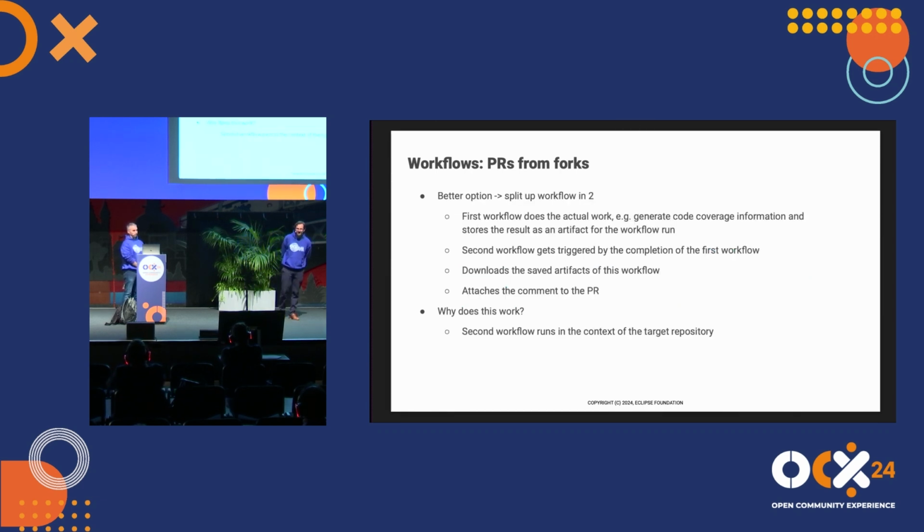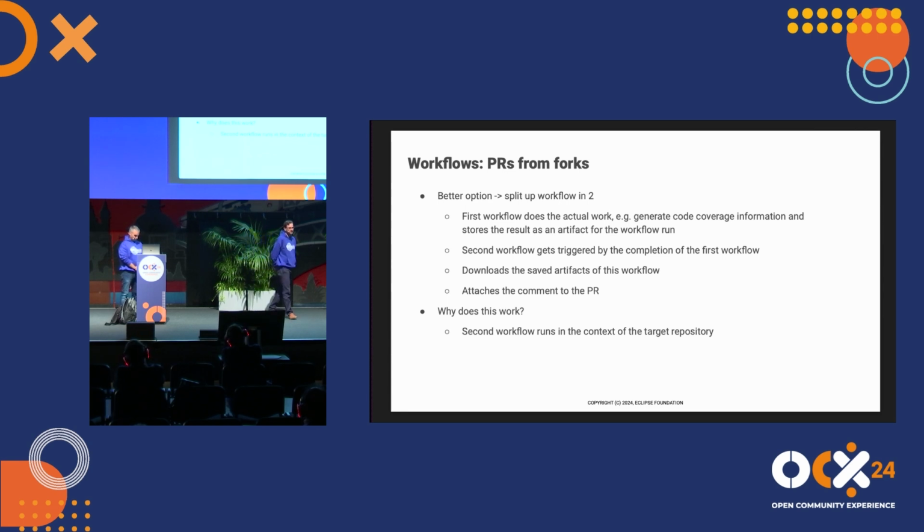Another option that we came up with, for a project, in order to, for example, add code coverage information to PRs, which is very useful for any kind of PR, was to split up the workflow in two. The first workflow does the actual work, in this case generating code coverage information from the PR.